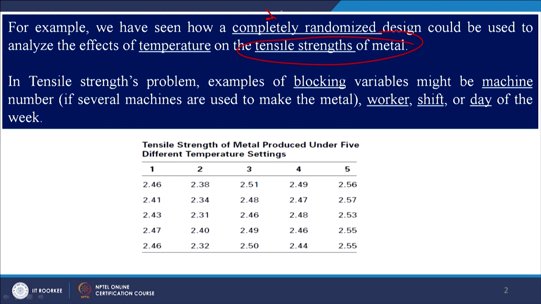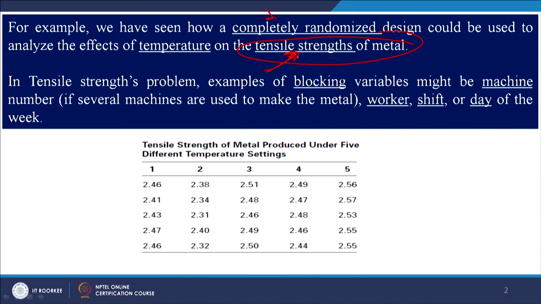Now, if you look at this example, you will find that the tensile strength depends on several other factors, not only on temperature. For example, you have different suppliers of raw materials, different shifts, different operators on the machine, different weather conditions, different humidity levels and so on.